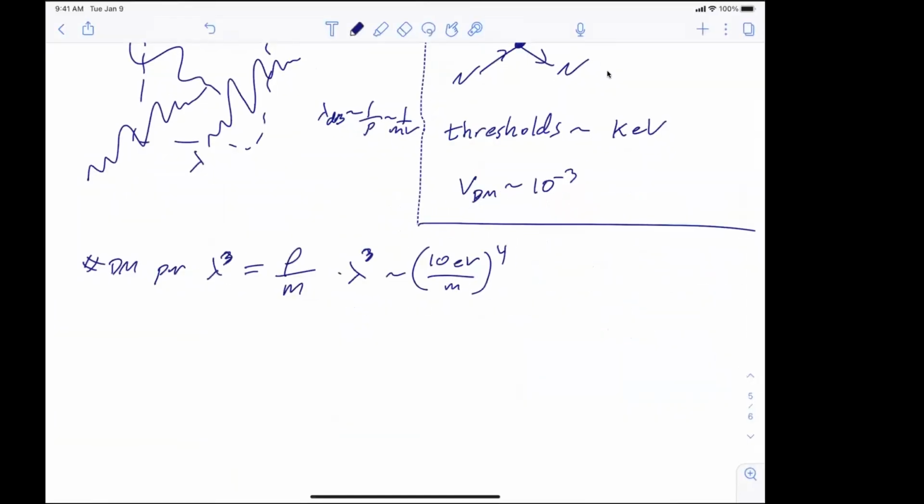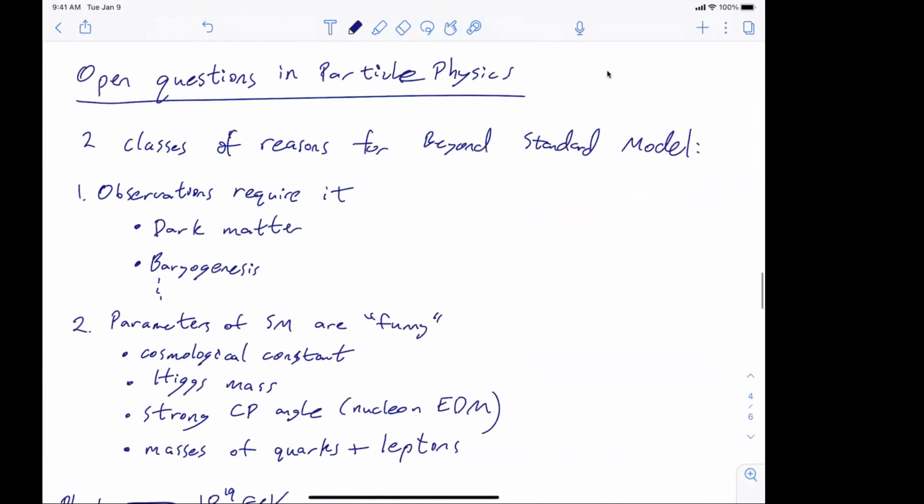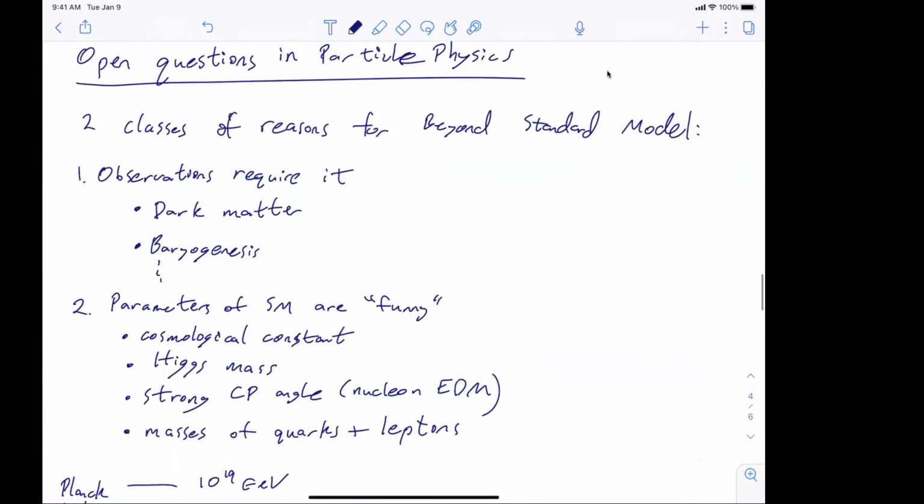Instead of saying, oh, these parameters are funny, we have to fix them somehow, you can run an anthropic argument saying, but if they weren't so funny, we just wouldn't be here, right? This is the typical way it goes, and how people try to argue against it.